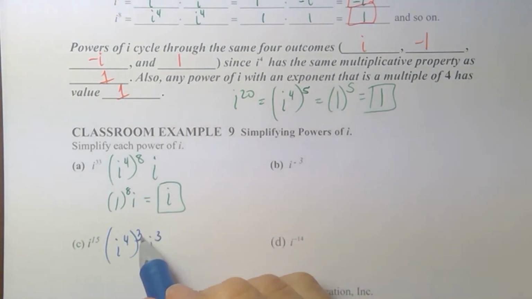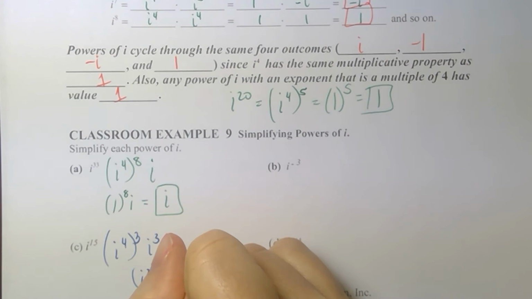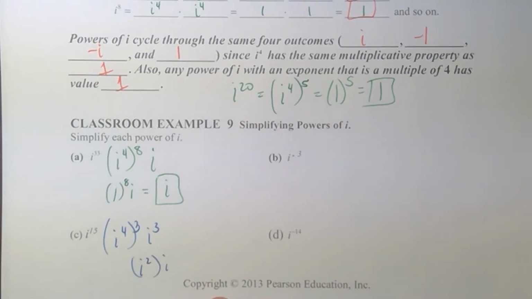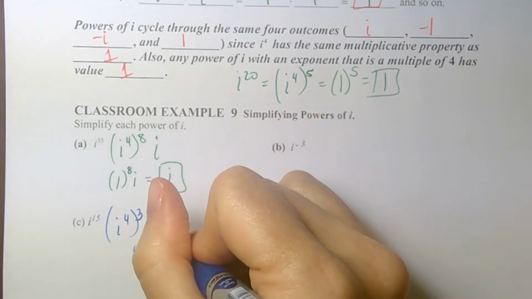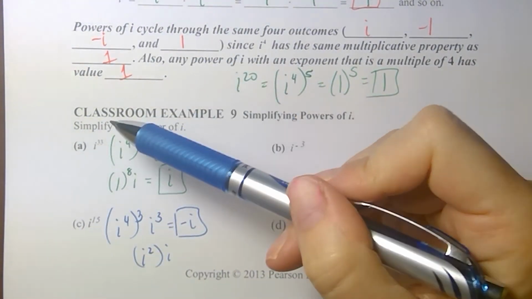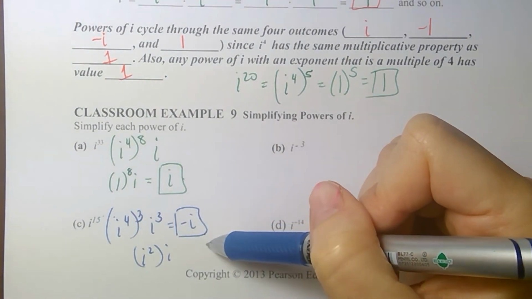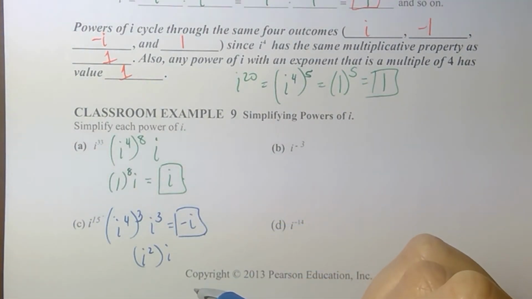So I've got i to the 3rd left. If you don't remember what i to the 3rd is, you at least know that's i squared times i, and i squared is -1. So i cubed is -i. Notice that where I have an odd exponent, I have either i or -i. If I have an even exponent, I'm going to get 1 or -1.